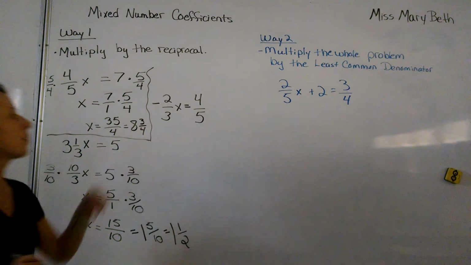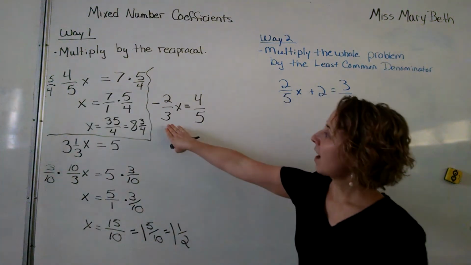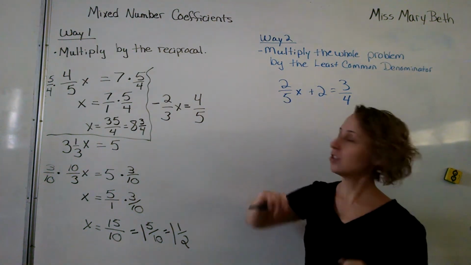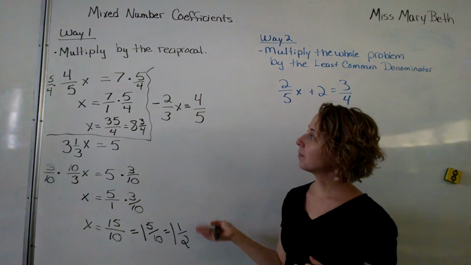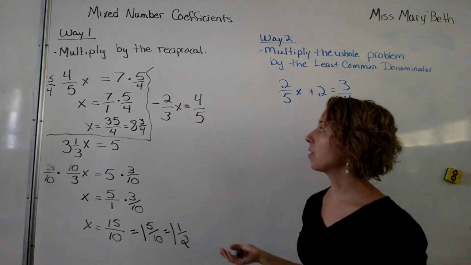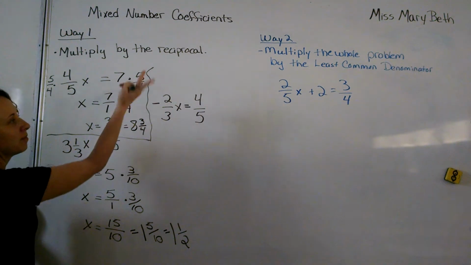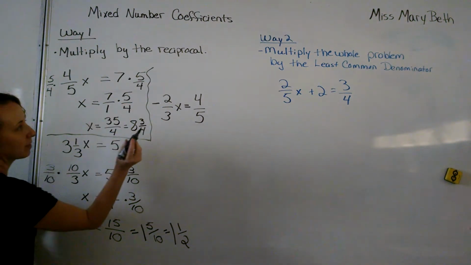All right, let's try this problem a third time. I have a negative fractional coefficient, and that's okay. Follow the same system. Multiply both sides by the reciprocal. The reciprocal of negative 2/3 is going to be negative 3/2.